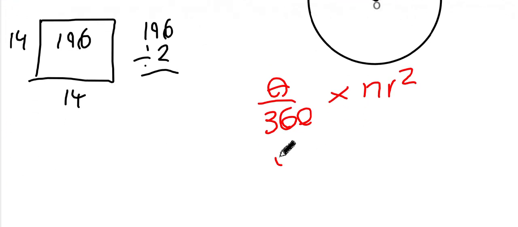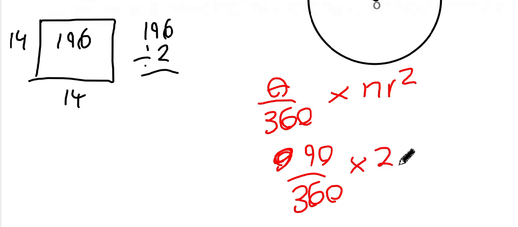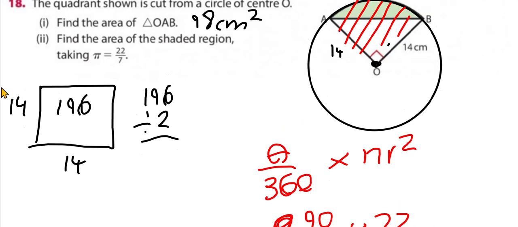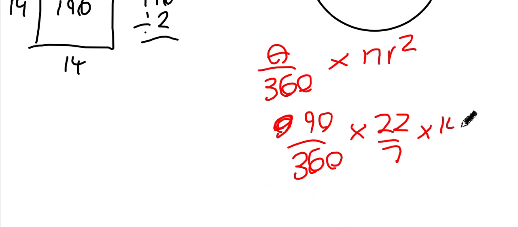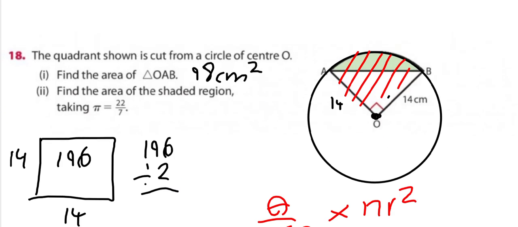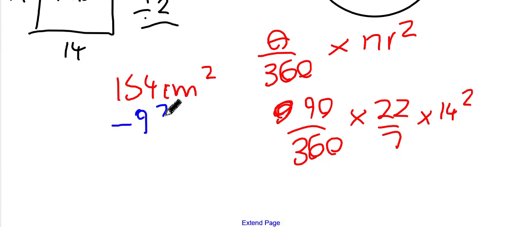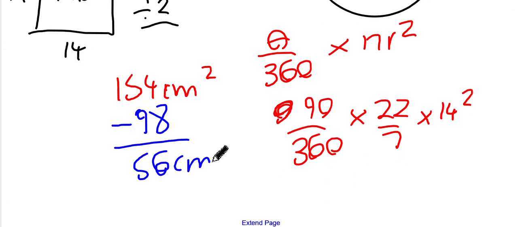So what's the angle? 90 degrees over 360 multiplied by pi, which is 22 over 7, multiplied by the radius, which is 14. Multiply all that out, and what do we get? We get 154 centimeters squared. And 98 of that goes to the triangle. So take it away. 56.